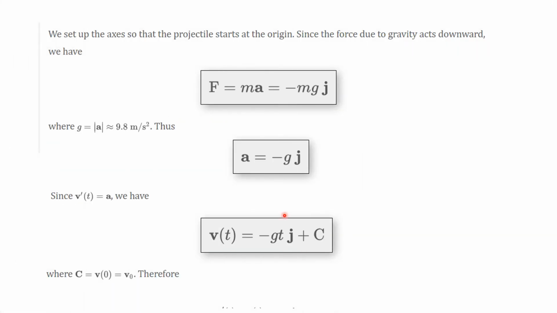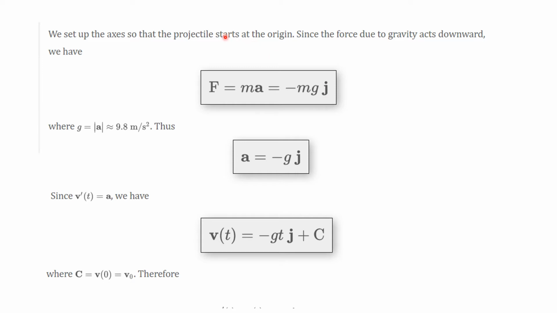Okay, we set up the axes so that the projectile is starting at 0, 0. We have that freedom, and that simplifies calculations. Since the force due to gravity is downward, we have capital F, a vector, equals m, the mass, times a. This is known as Newton's second law. So the net force is equal to m times a, and the acceleration is the acceleration due to gravity.